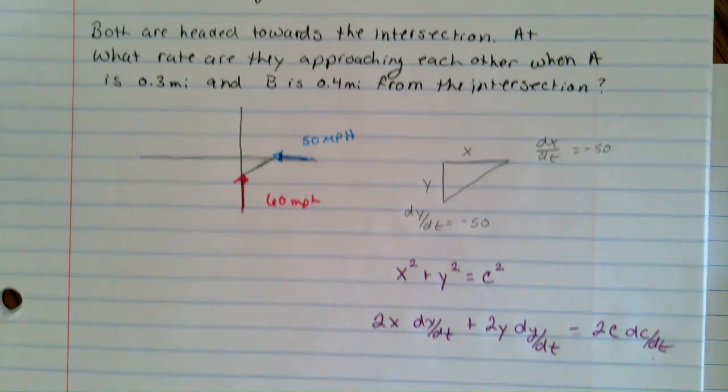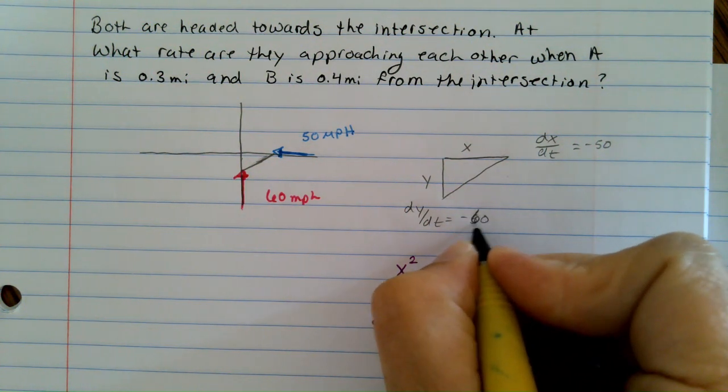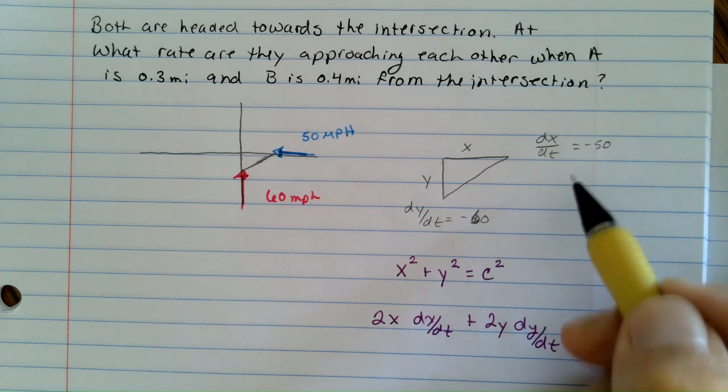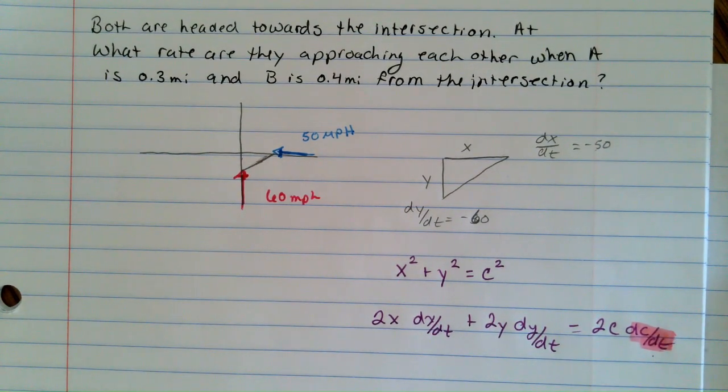And you might say, why is it okay to have 3 variables this time when last time you only had 2? Well, I'm looking for this rate right here. 60, not 50 right there. I know 2 rates. Last time they didn't tell me how fast the radius was changing. This time they told us how fast both cars were changing.